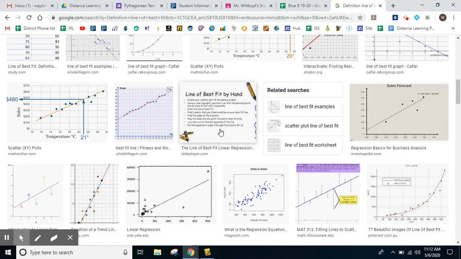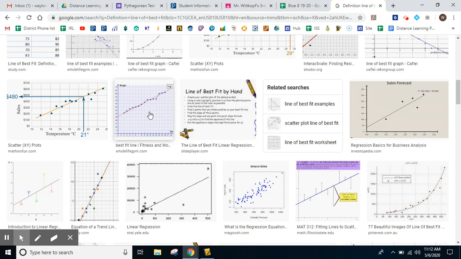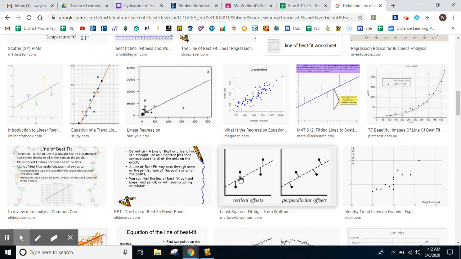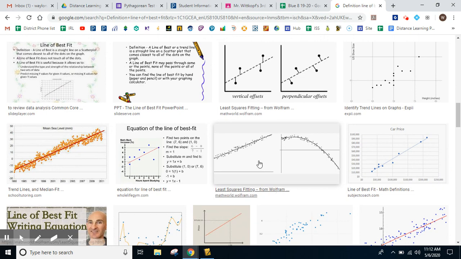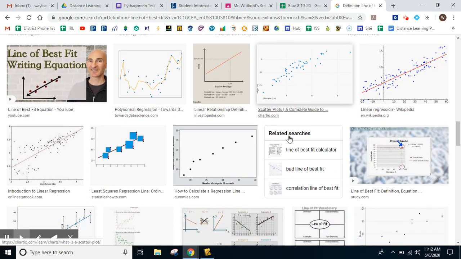Coming through here and looking at some, here's a negative right here. So these can be positive, negative, nonlinear, just like we looked at last week. These images with these little lines are what we were talking about. That's getting into the math of how we predict how strong a correlation is.